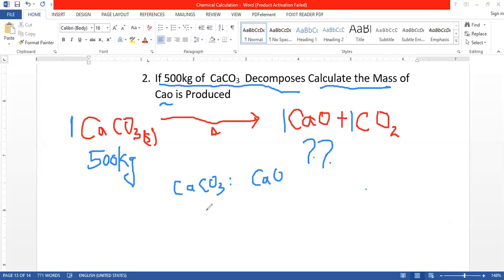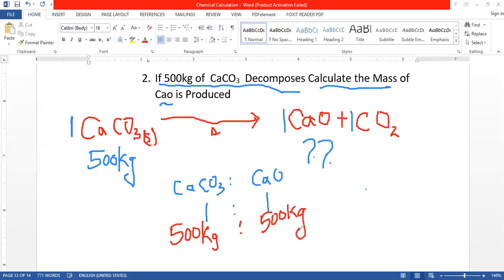Okay, the ratio between calcium carbonate and calcium oxide is 1:1. So look at this one. If calcium carbonate is 500 kilogram, can you say the calcium oxide is also 500 kilogram, since the ratio is 1:1?